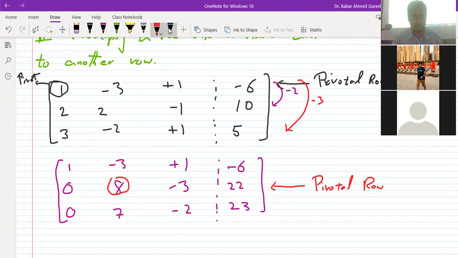So then the answer is extremely obvious. You multiply by minus 7/8 and add to this.